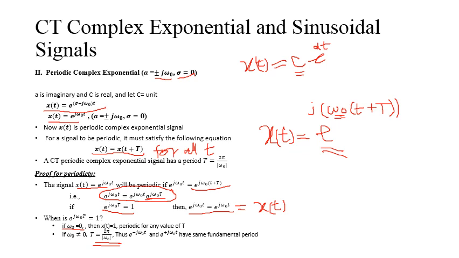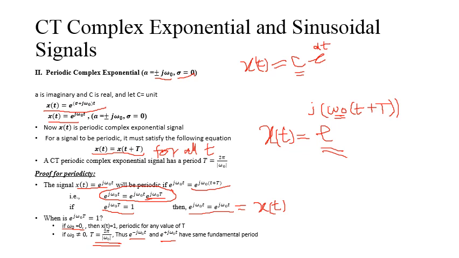When T equals this, whether omega naught is positive or negative, we say that e power j omega naught t and e power minus j omega naught t have the same fundamental period, which is T equals 2 pi by the absolute value of omega naught. So they both have the same period.